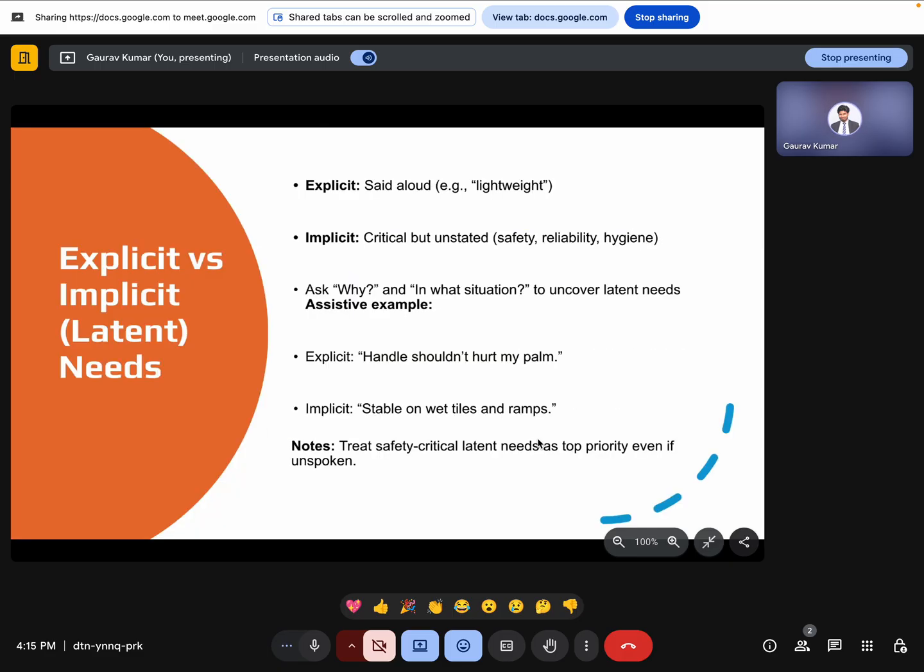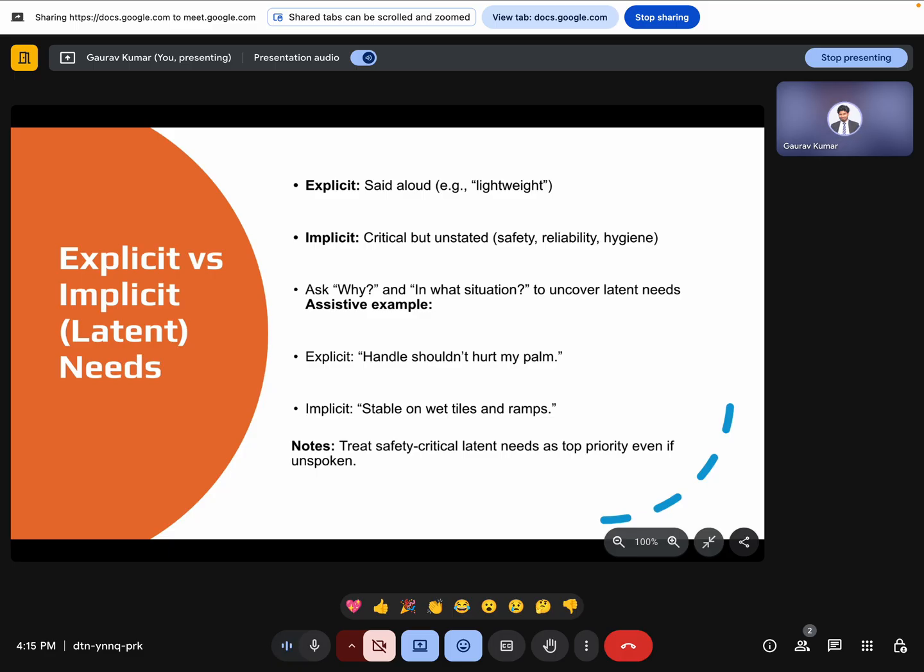Next one is explicit versus implicit, or latent, needs. I am taking the example of crutches. Users often voice explicit needs like "make it lightweight" or "the handles should not hurt my palm."